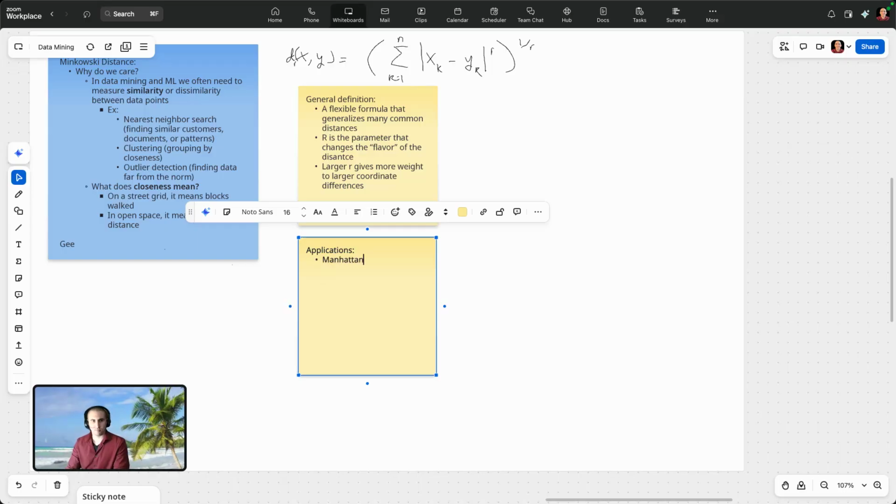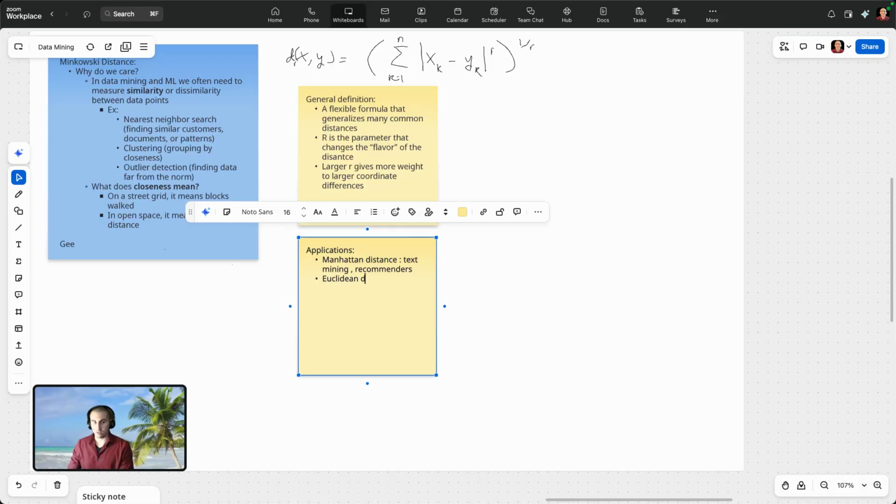Manhattan distance for text mining recommenders. Euclidean. And ultimately, this is about solving whether or not your model gives you a meaningful output. Just because it can do the math doesn't mean that it's meaningful. And so this can help us with similarity of our data, and so we can have a more impactful result in our model.